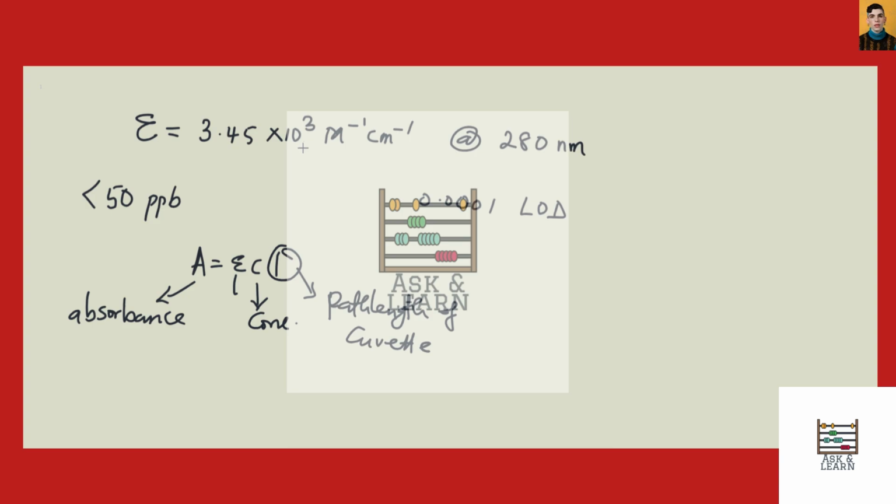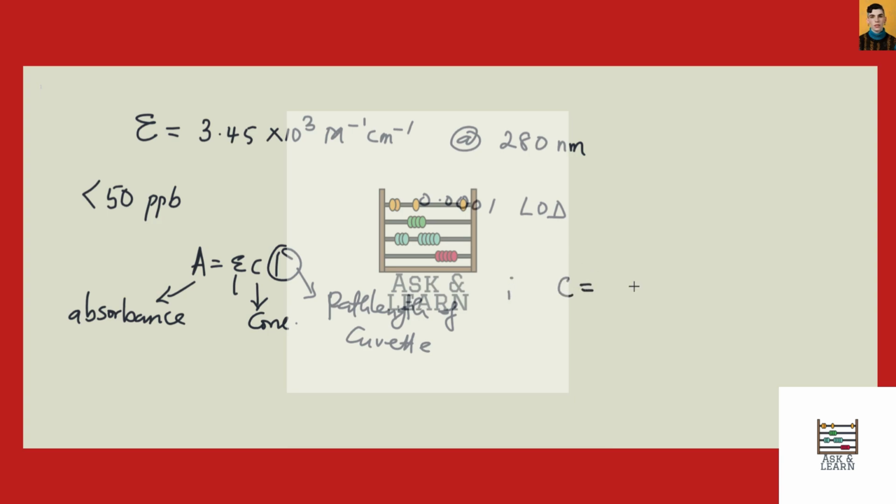Okay, and the limit of detection of the spectrometer is 0.0001. So what we can do is calculate concentration.